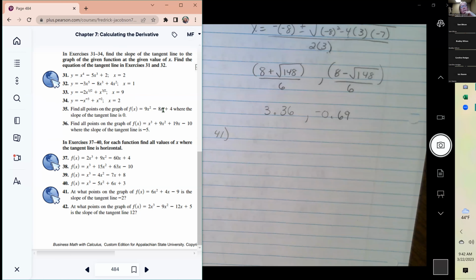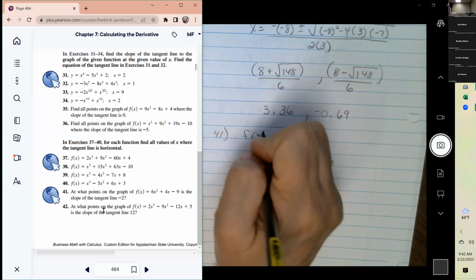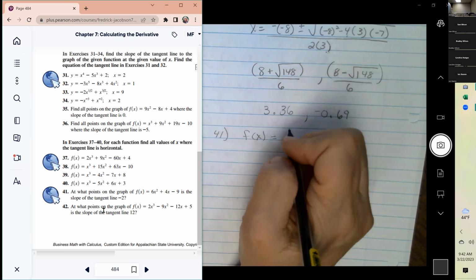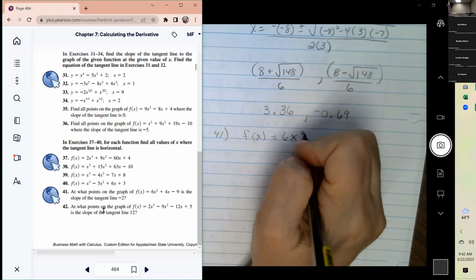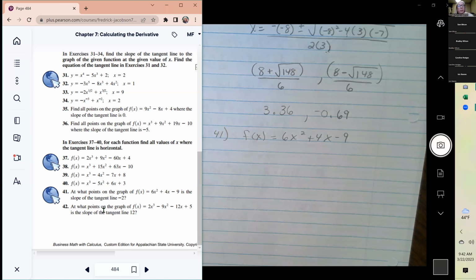These are similar to what we did up here. They want the points. This one wanted the points. You need to plug back into the original to get the points. So we'll do one of these to make sure you know. We'll do 41. So at what points on the graph of f of x equals 6x squared plus 4x minus 9 is the slope of the tangent line -2?